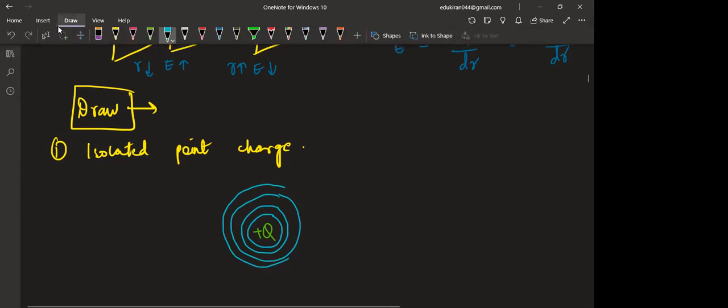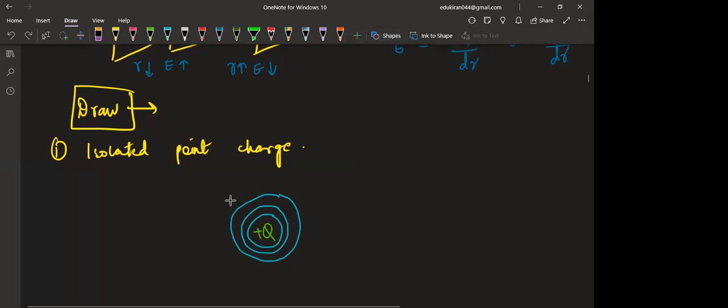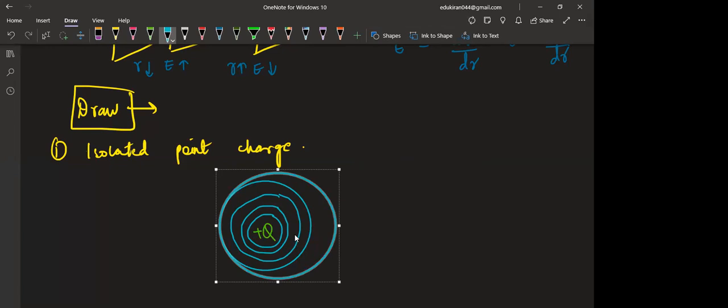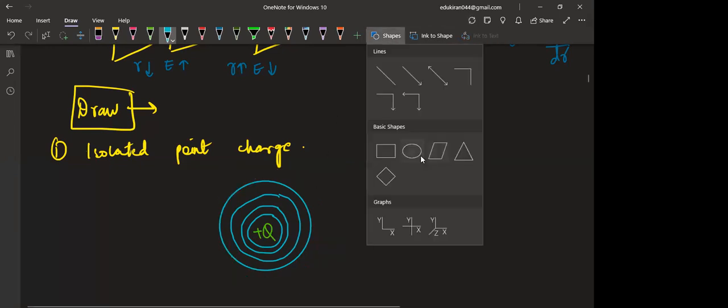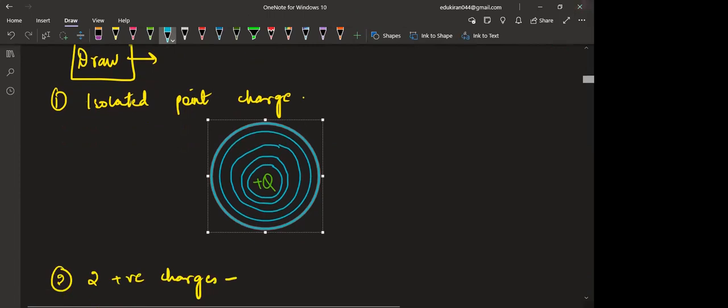There should be equal gapping between them, but obviously this is difficult to draw. This is how we draw equipotential surfaces.